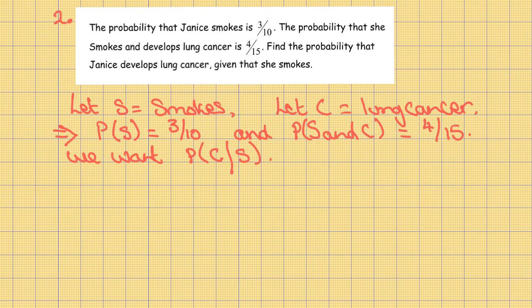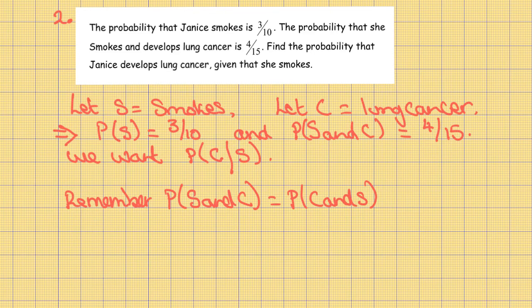Therefore, the probability she smokes is 3 out of 10, and the probability she smokes and develops cancer is 4 out of 15. We want to find the probability she develops lung cancer given that she smokes.